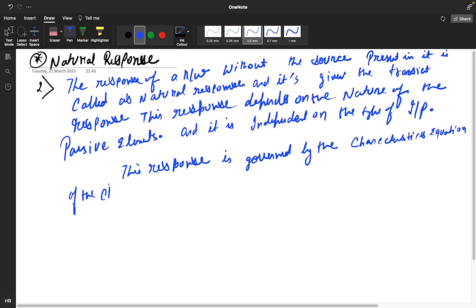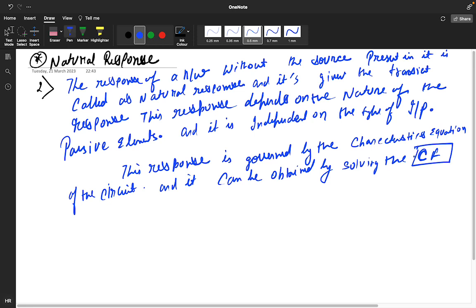It can be obtained by solving the complementary function in differential equations.